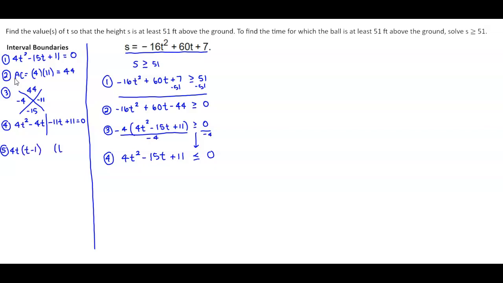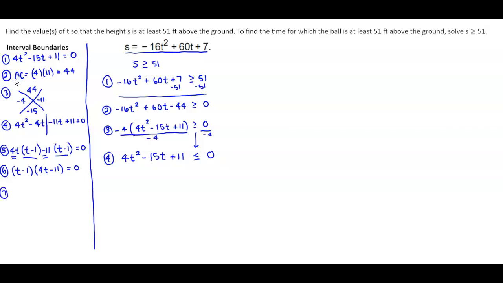Over on this side, we also get t minus 1, and what we can factor out of those two terms is negative 11. Now for step number 6, if we factor out the t minus 1, what's left is 4t minus 11, which is equal to 0.